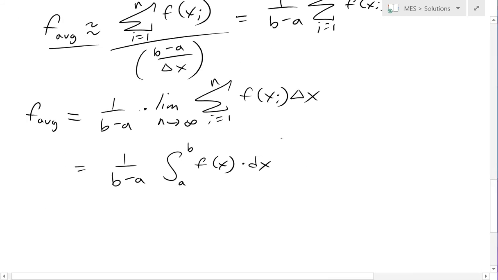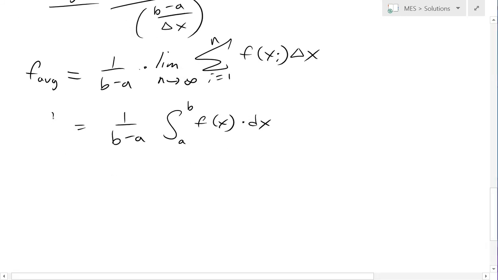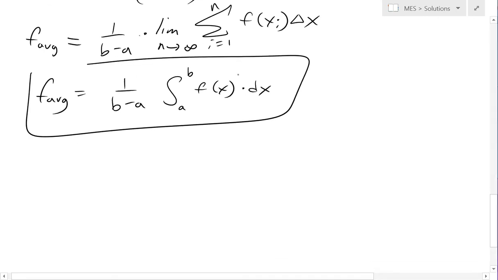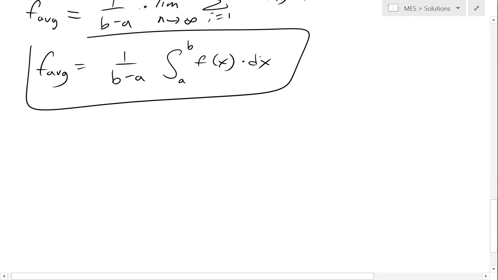And also this dx is the infinitely small delta x. And there is basically our average function, our average of just any function, even if you have an infinite amount of data points.